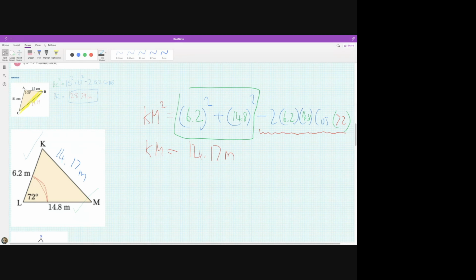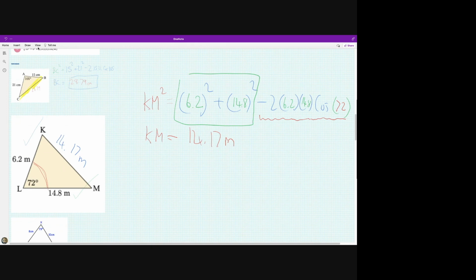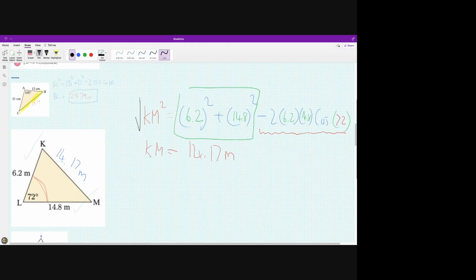Hello, sir. Hey, how can I help? Sir, do you mind explaining how I should put it into the calculator? Because I got a different answer. Okay, in your calculator, you may not have included the squares. You need to square root this side and square root that side. So start by hitting the square root button. Then type 6.2 and hit the squared button on your calculator.